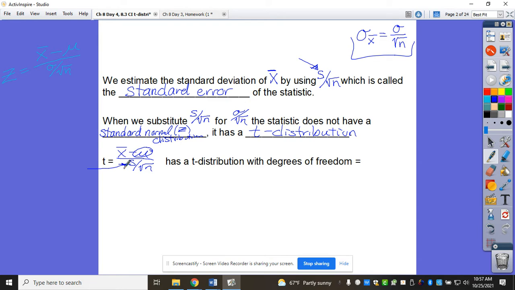So we estimated one parameter. We don't know what sigma is, so the closest guess we have is S. So basically, what you need to know is there's error. So to account for error, we're using n minus 1 instead of n in the t distribution.